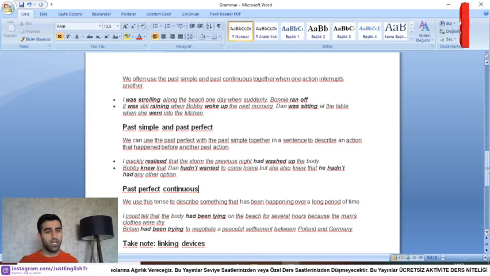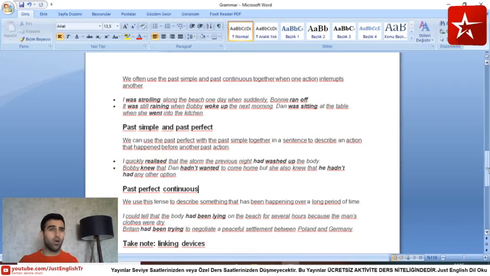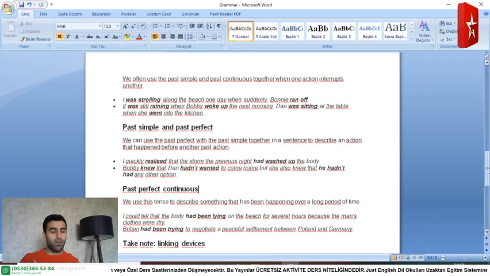With the past perfect, imagine more than one action happens. For example, there are 2 actions, or 3 actions, or 4 actions. It doesn't matter. For example, when I came back home, my family had already eaten their dinner.